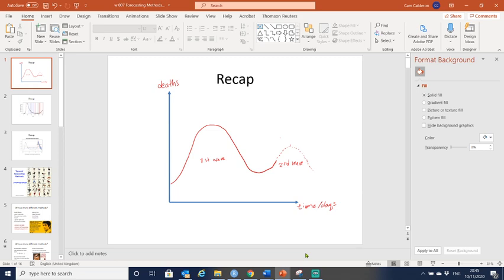So where can I put my training period in order to forecast the future? I recall that we have this red data, not the dotted data. So what we need to do is to divide this uninterrupted red data in two.